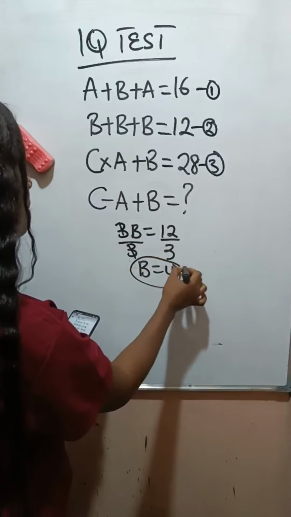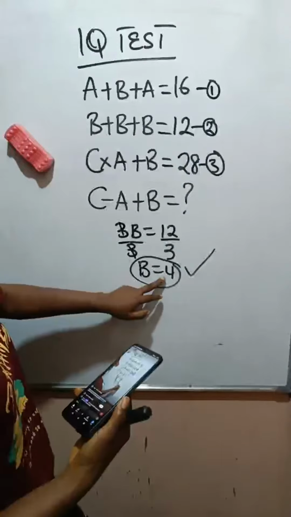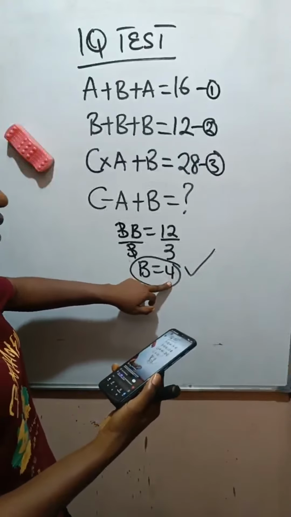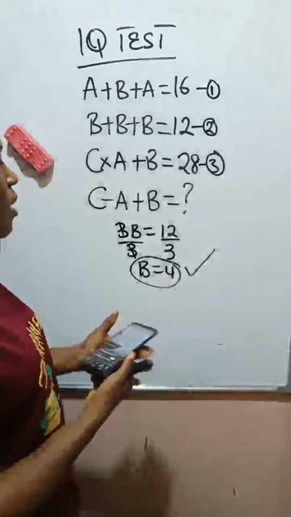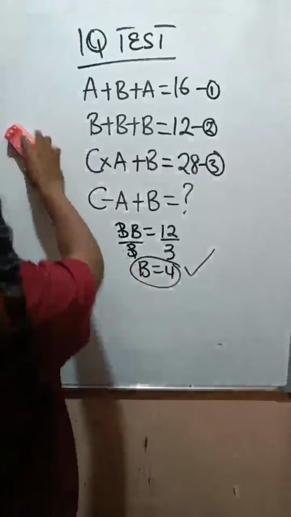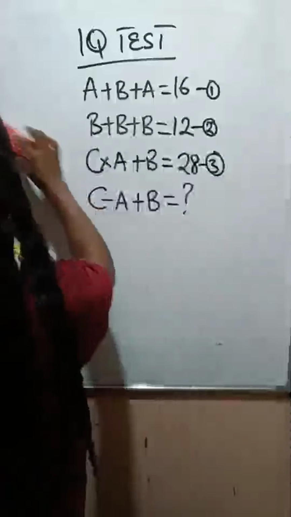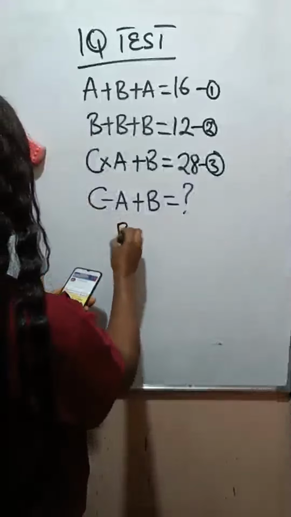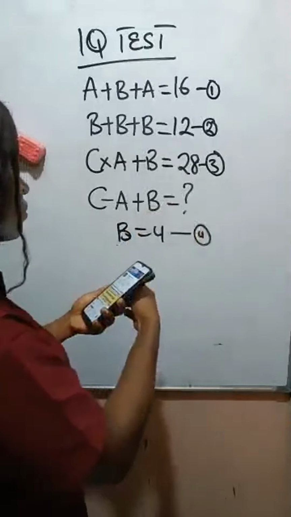And that is a big start for me. I'm able to get my B to be 4. Now that I've gotten one of the variables, that is a very big plus for me. So I'll write it somewhere. See, I have B is equal to 4, and this becomes my equation 4.